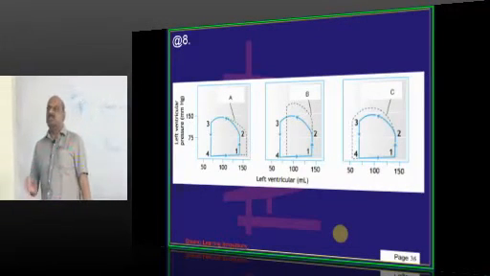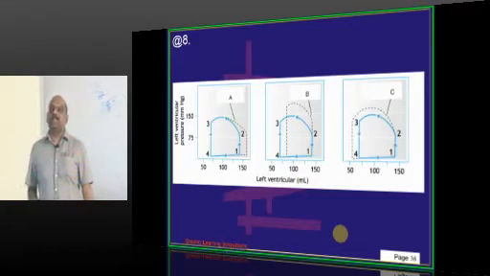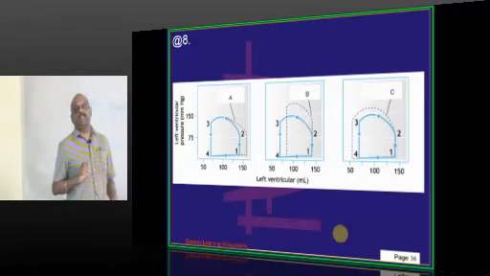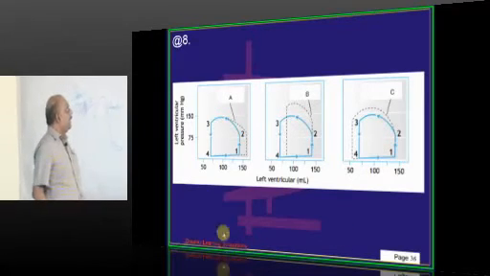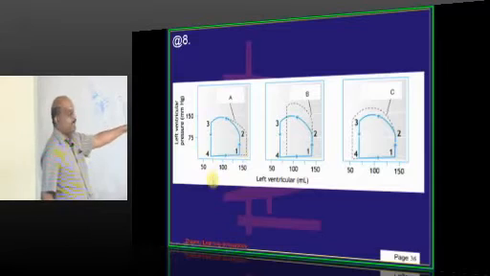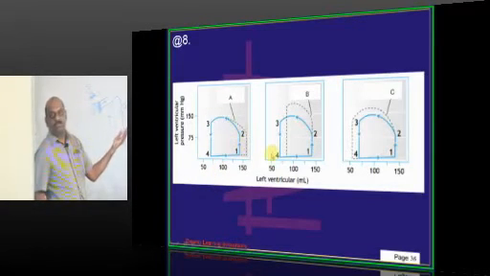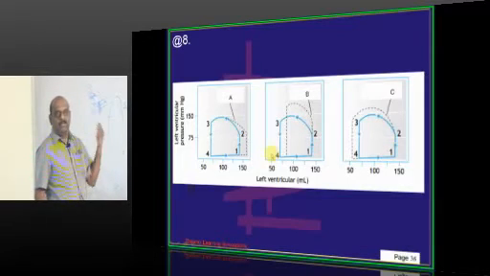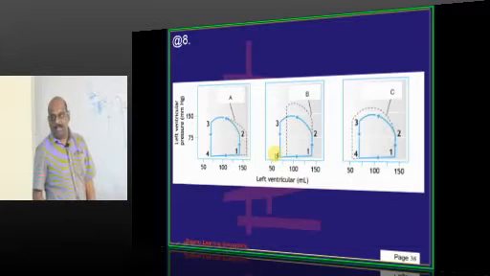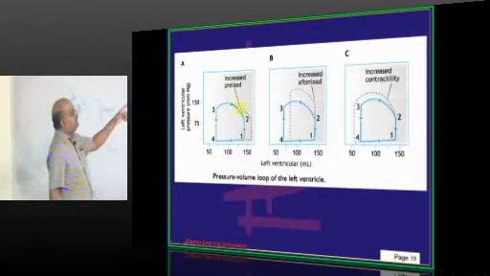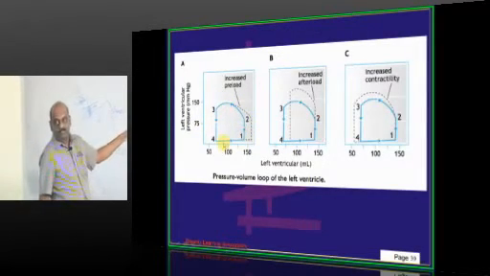Now you have 3 different types of cardiac cycles. Everywhere this blue line is what? Normal cycle, and there is an effect of either afterload increase, preload increase, or inotropic state increase. So which one corresponds to what? This is a state of increased preload.